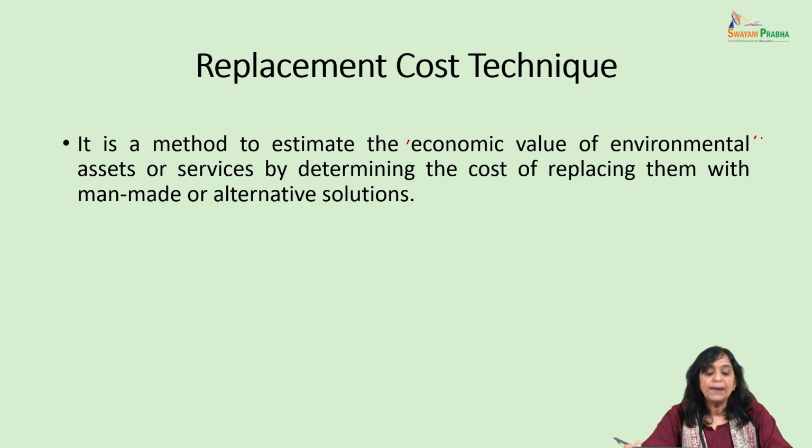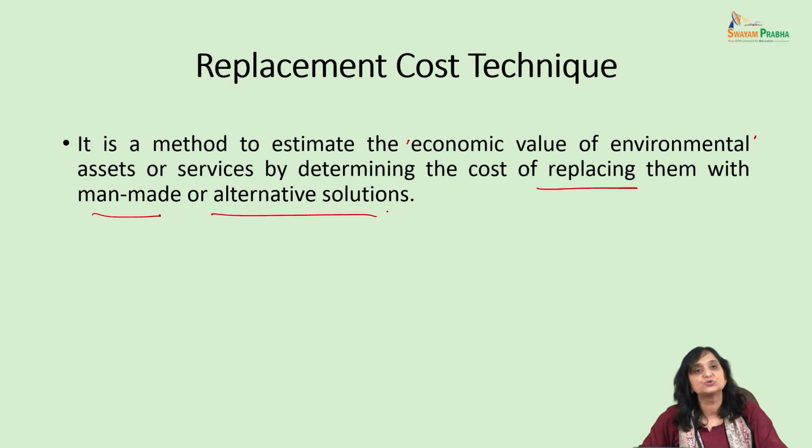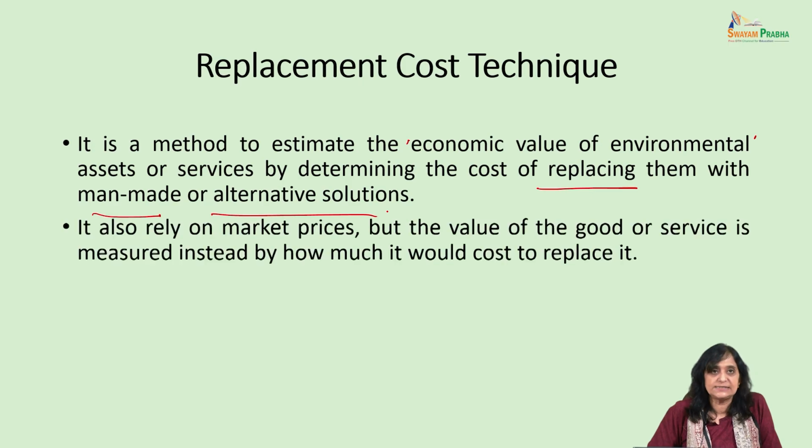How? By determining what will be the cost of replacing them with a man-made or an alternative solution. That is, if I am removing a national park and replacing it with a man-made solution, then what will be the economic value of that environmental asset?